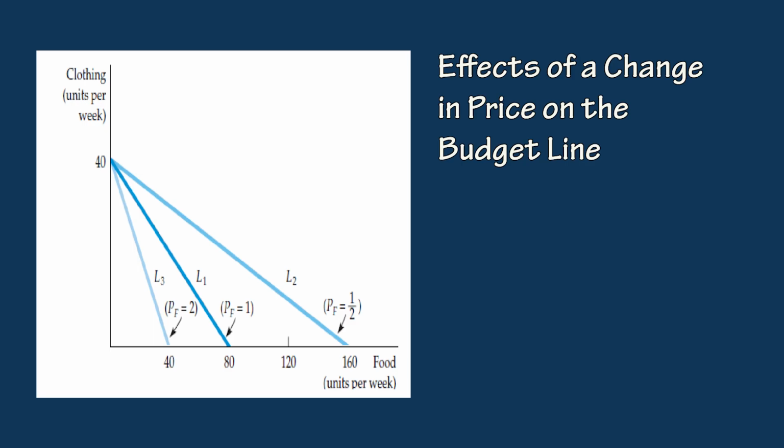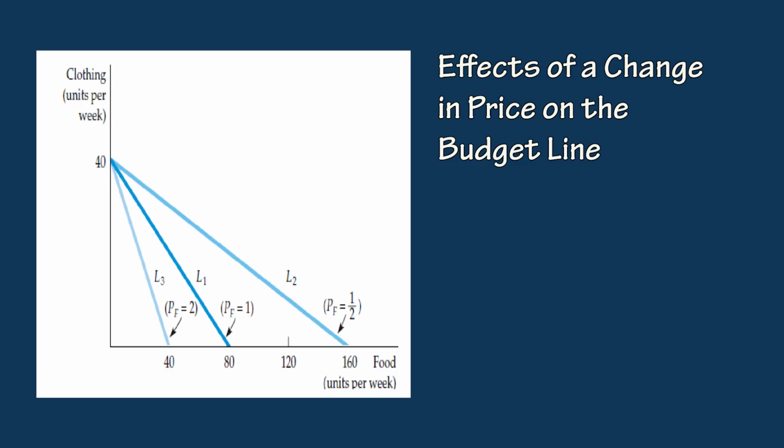Now if you keep PC, the price of clothing, constant, and increase the price of food, the entire ratio PF by PC will increase. As a result, the budget line will become steeper, and it will rotate towards the origin, towards the left side.